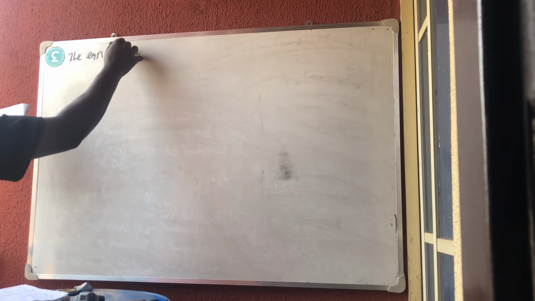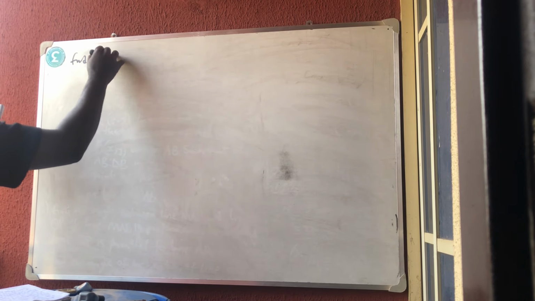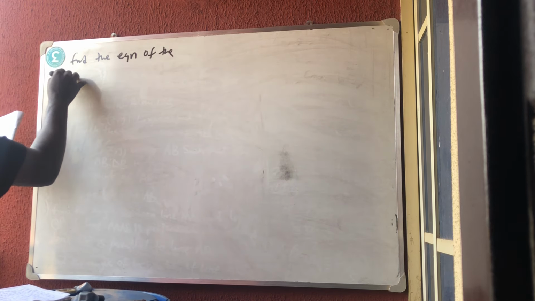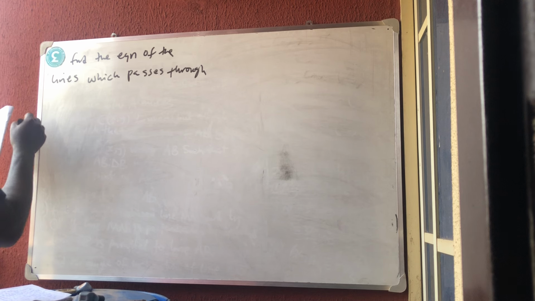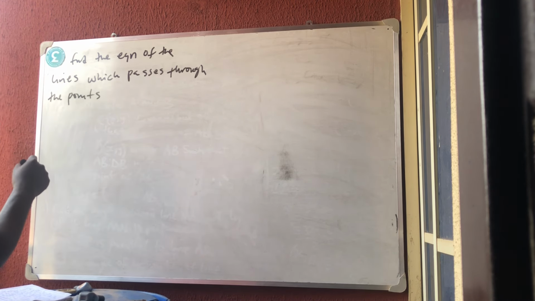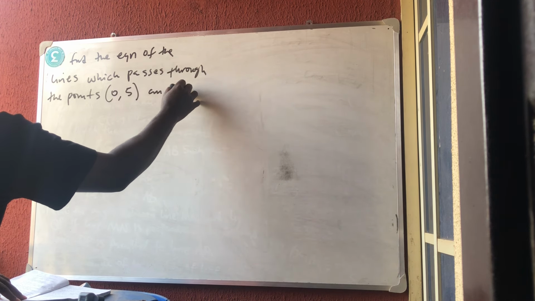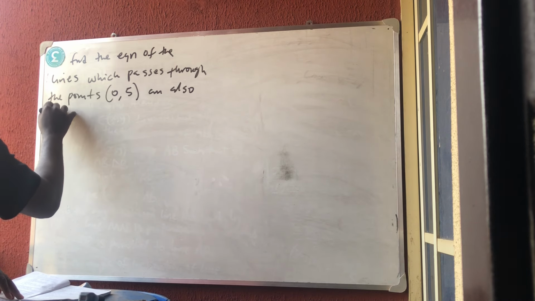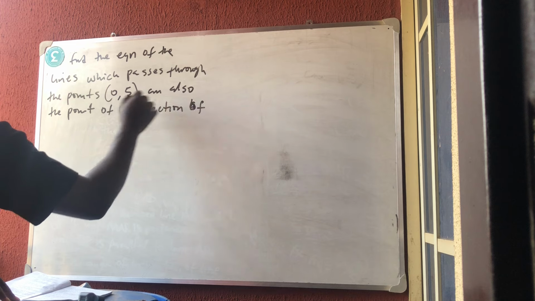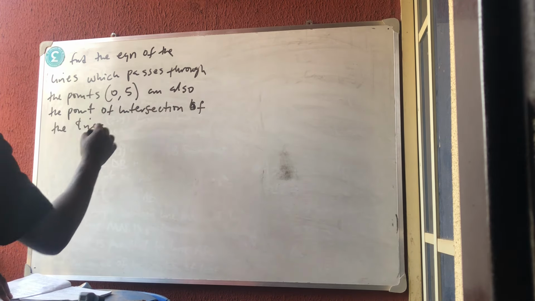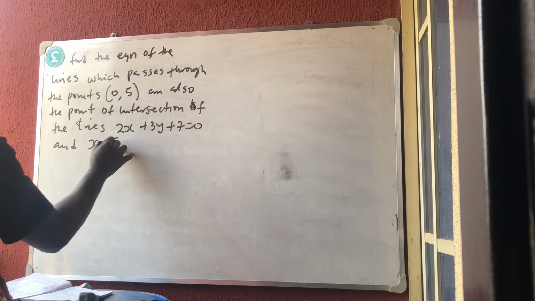Find the equation of the line which passes through the point 0, 5, and also the point of intersection of the lines 2x plus 3y plus 7 equal to 0 and x minus 5y minus 3 equal to 0.